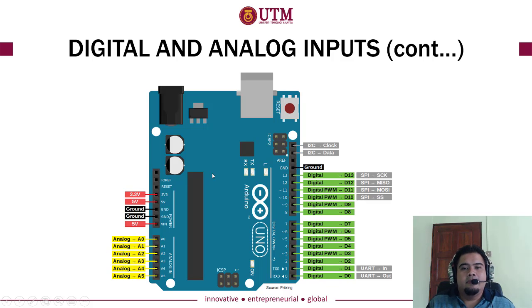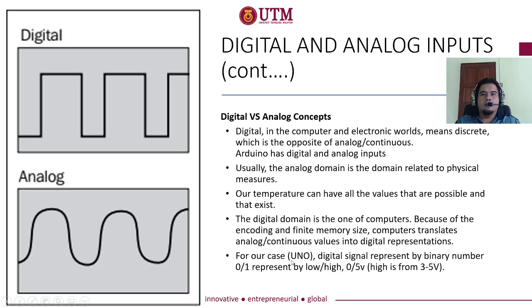So you must remember that. Even though I said previously that your port can be assigned as input and output, make sure that you use the correct port, because some ports are specialized in analog input, some ports are specialized in digital and analog output. Okay, this is some review on digital and analog.